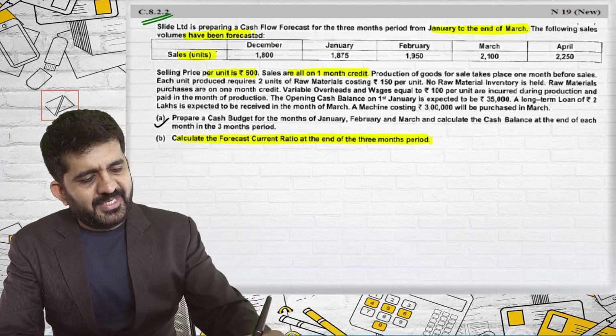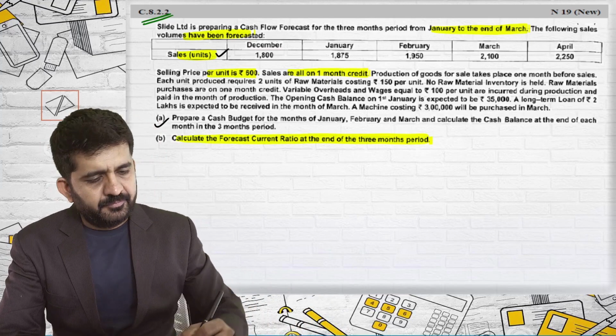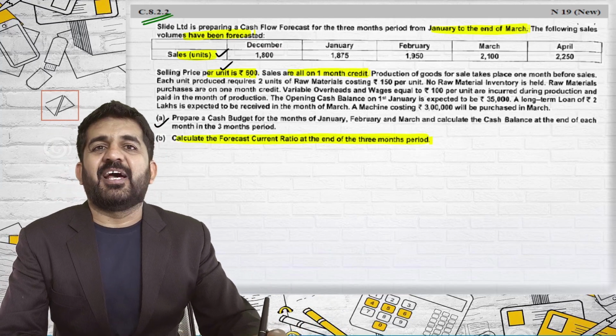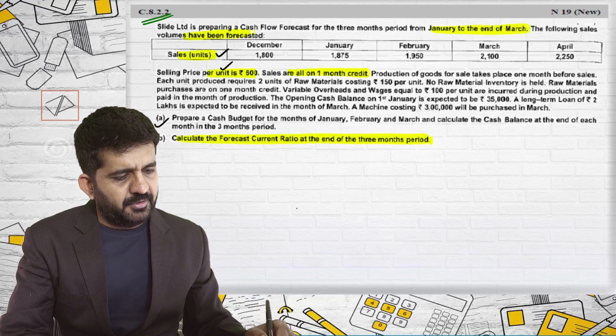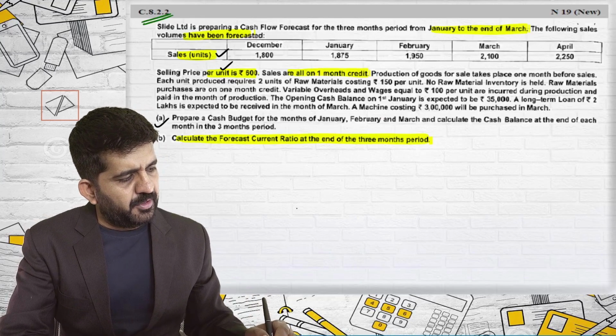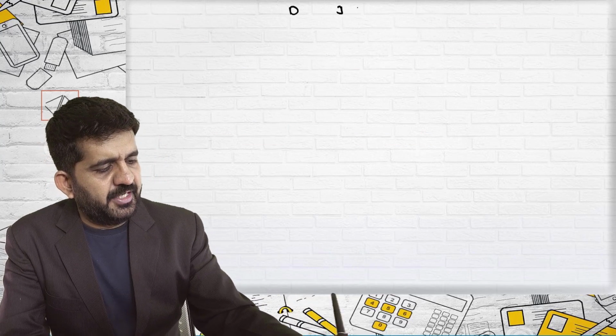See now, sales units is given and per unit price is given, right? I am writing both in my chart: December, January, February, March and April.